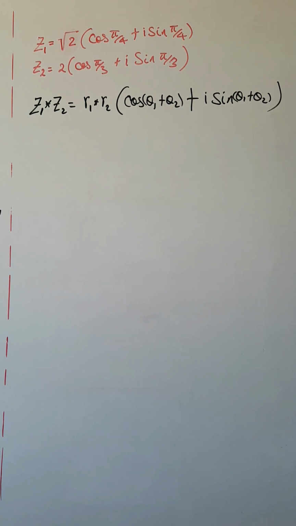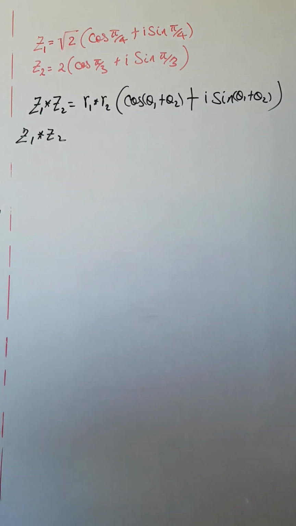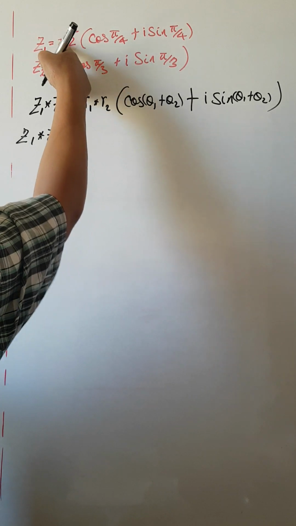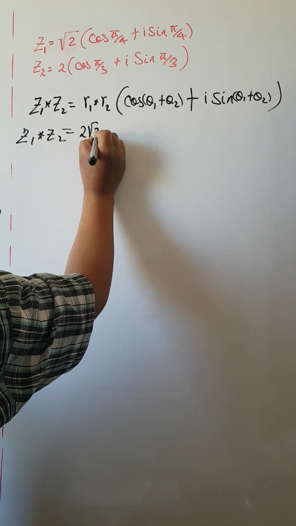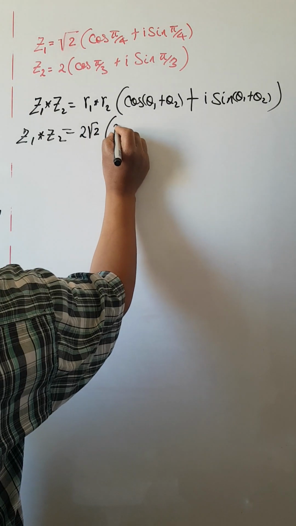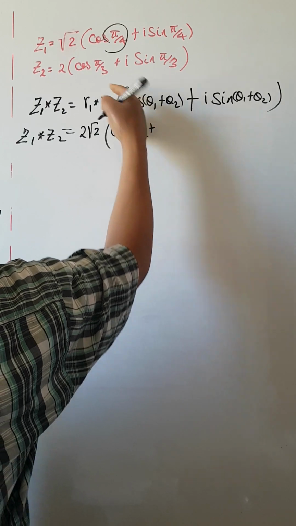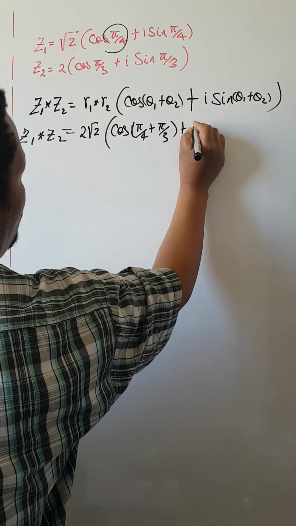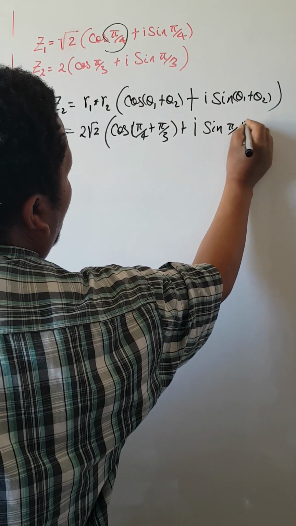In our case, z1 and z2 are written in polar form. So now z1 times z2 is equal to, our r1 is square root of 2 and r2 is 2, so the product of the two is 2 square root of 2 into cosine of theta1, pi over 4, plus theta2, pi over 3, plus i times sine of pi over 4 plus pi over 3.